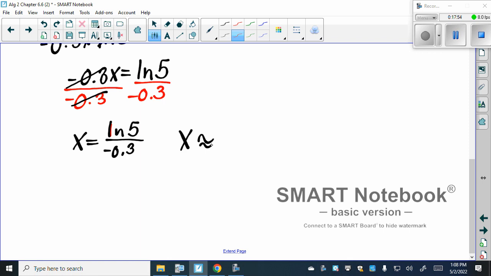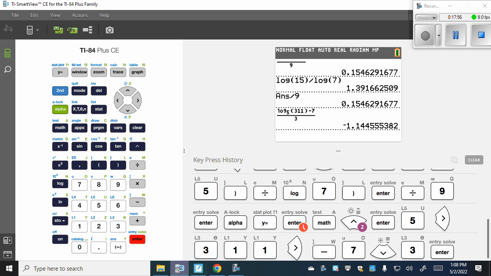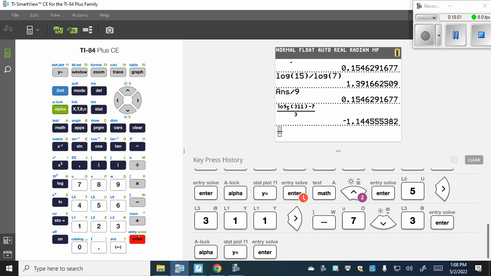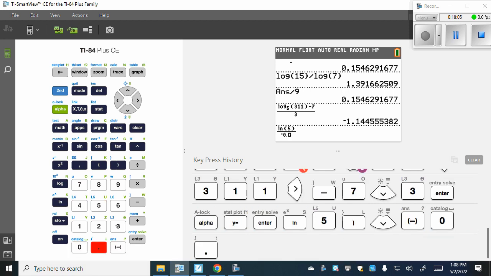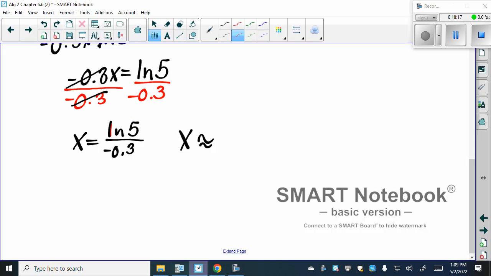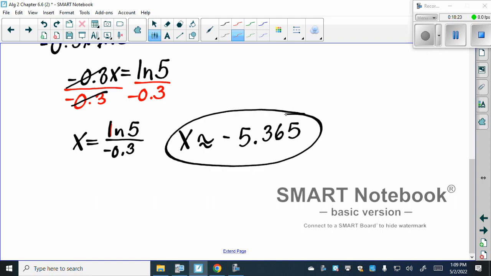Now at this point, we can type this into the calculator. So alpha y equals enter. So we'd have ln of 5 divided by negative 0.3, which gives us negative 5.365. That's it.